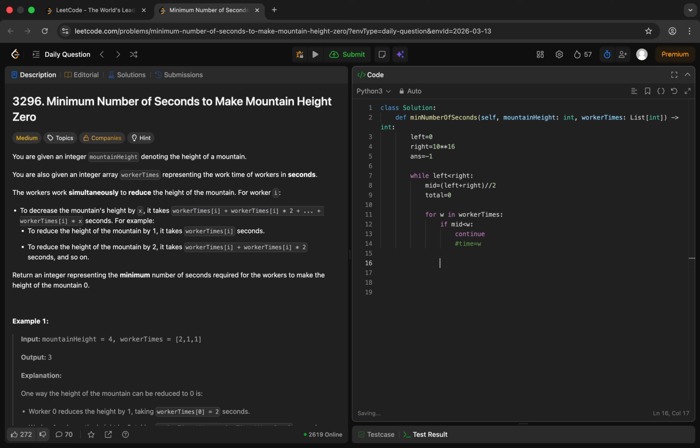Now let's take out the formula. For a particular x number of height, how much can this worker i reduce?